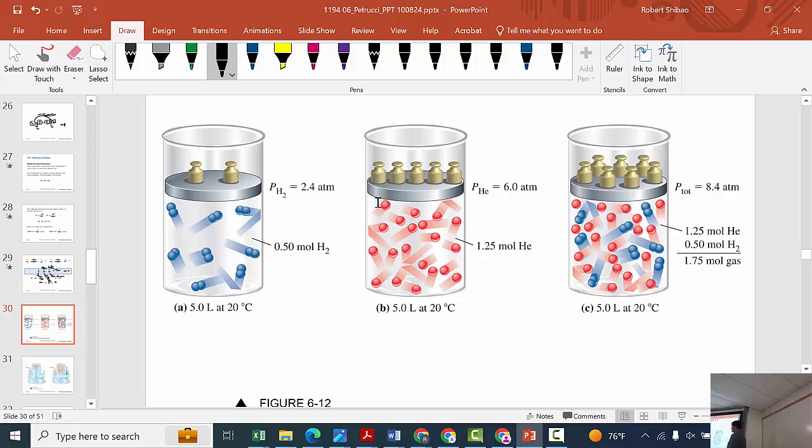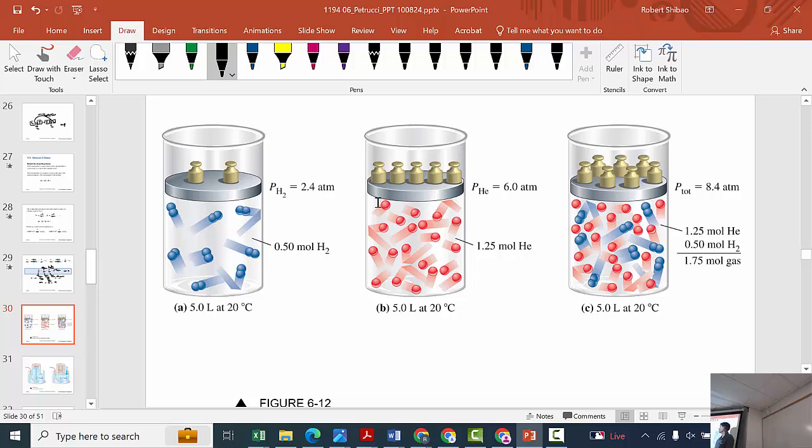This is different, this is just mixing these two things together. When I take 5 liters of hydrogen and add 5 liters of helium to it, how many liters should I get? 10 liters. That would be according to Avogadro's.